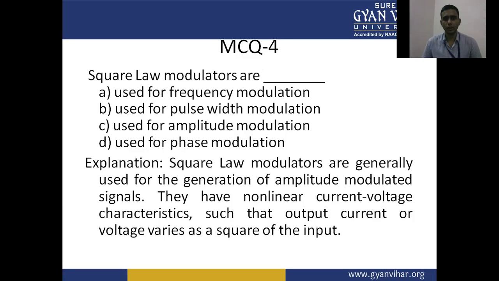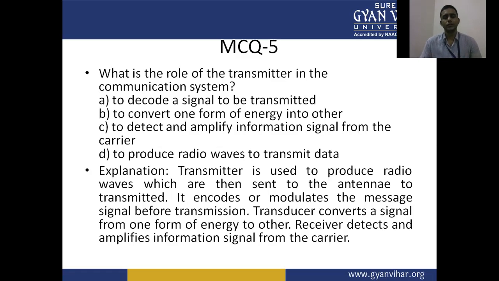Question four: square law modulators are A, used for frequency modulation, B, used for pulse width modulation, C, used for amplitude modulation, D, used for phase modulation. Question five: what is the role of the transmitter in the communication system?